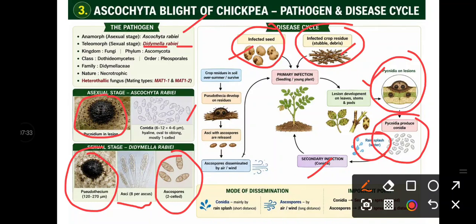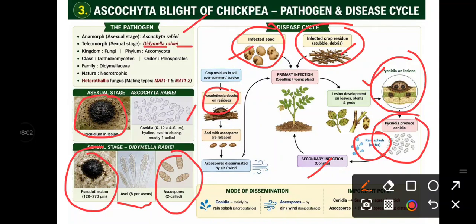That's why when higher rainfall is there, this severe epidemic of chickpea Ascochyta blight was mostly observed. So rain helps in dispersal or the secondary spread. But sometimes the ascospores produced inside the pseudothecia also act as a secondary mode of infection in case of long distance spread.